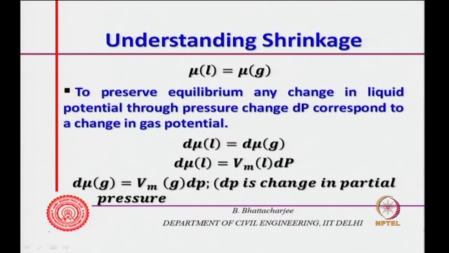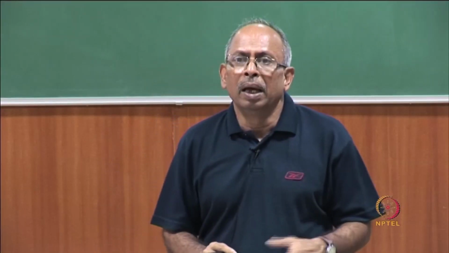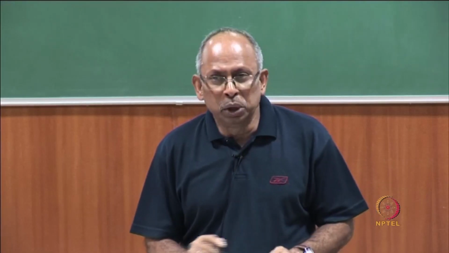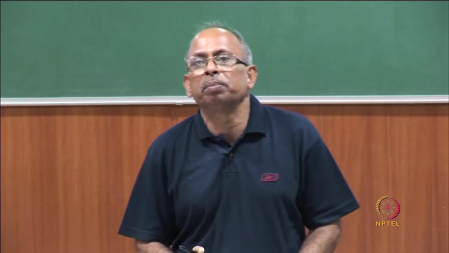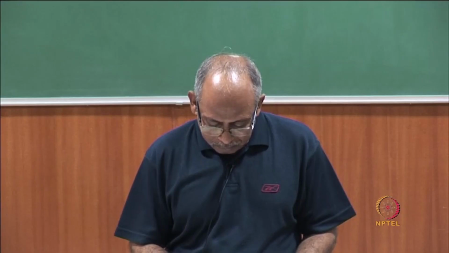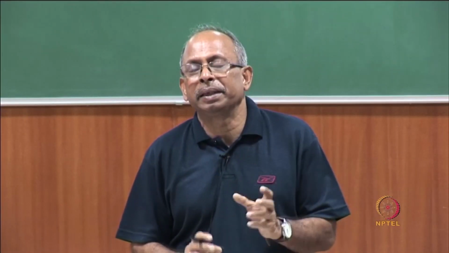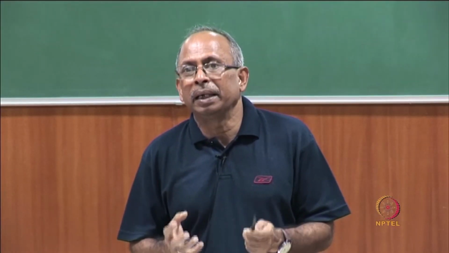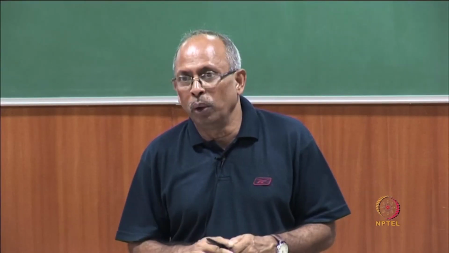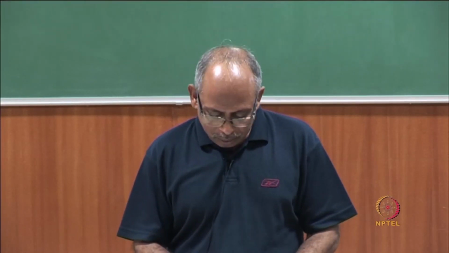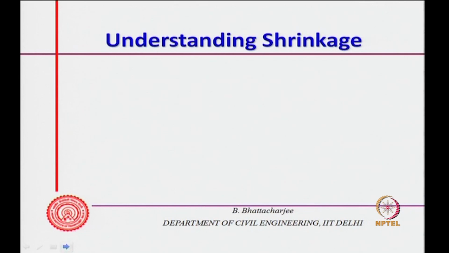So, when we are talking of the gas, it is a partial vapor pressure. I am assuming that you understand what partial vapor pressure is. It is the pressure exerted by a gas when it occupies the full volume of the mixture. So, partial vapor pressure would change.